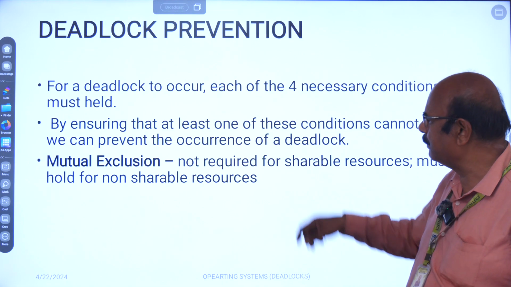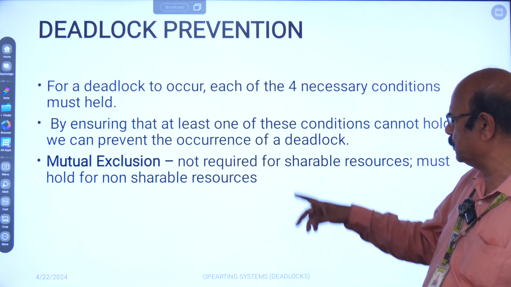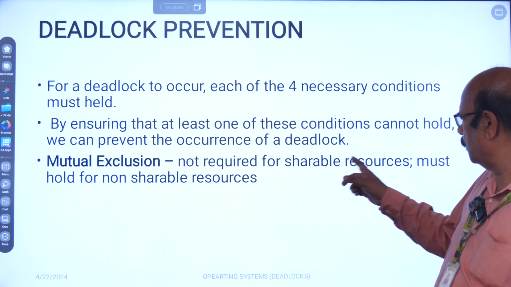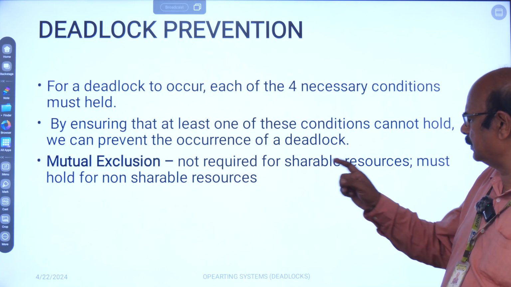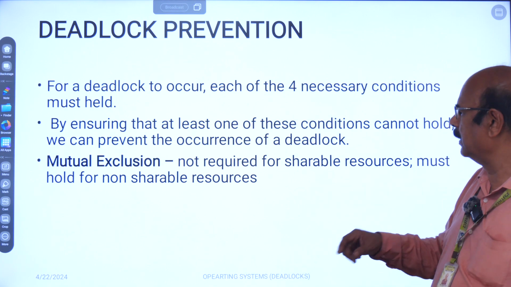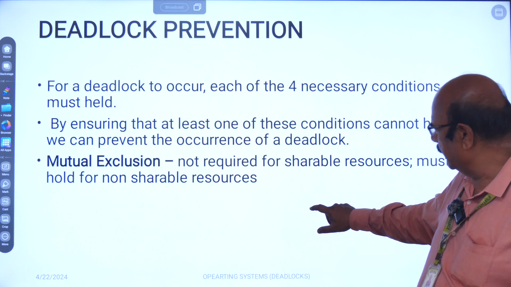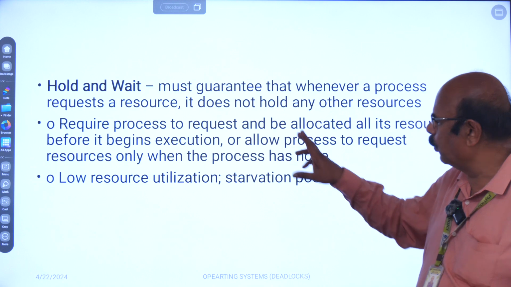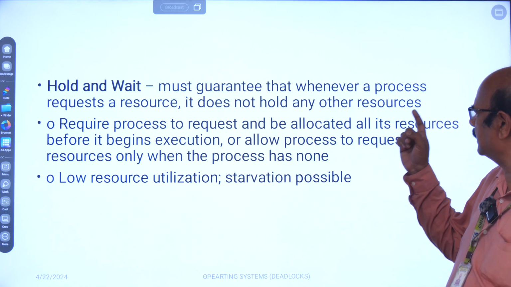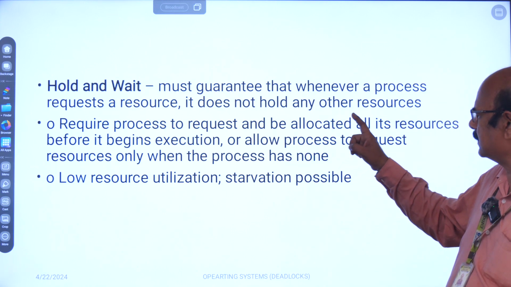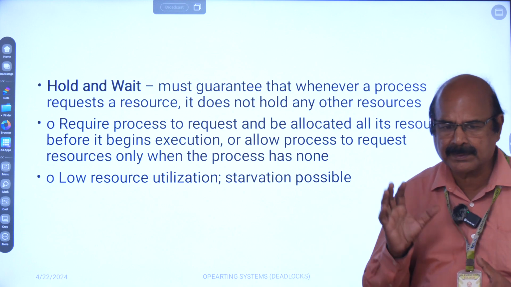So deadlock can be prevented by certain concepts. Mutual exclusion is not required for shareable resources, but must hold for non-shareable resources. That is one of the things for deadlock prevention. Another one is hold and wait. We must guarantee that whenever a process requests a resource, it does not hold any other resources.